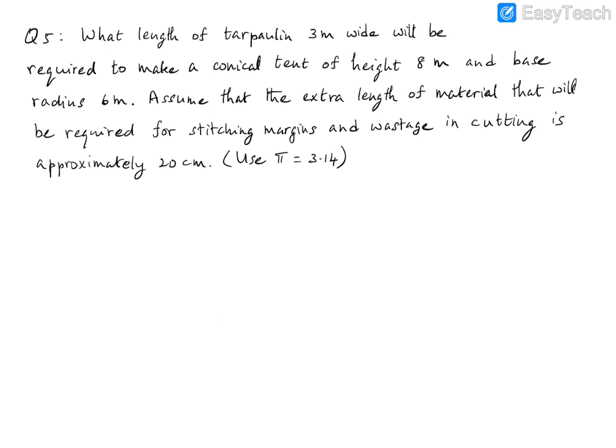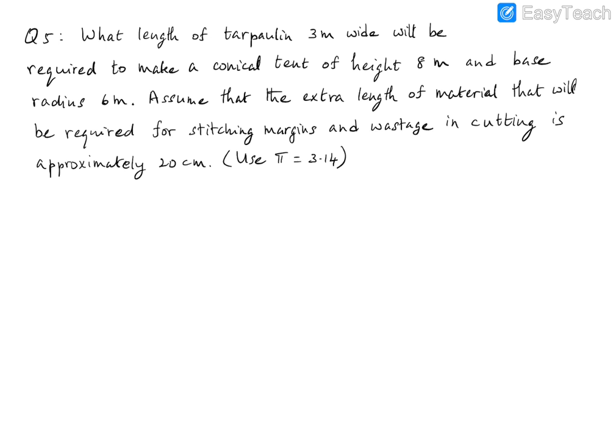So first of all, we are given the height of the tent, that is the height h. We are given the base radius 6 meters, which is r, and from that height and base radius we can calculate the slant height L. So let us first write down what is given and what needs to be calculated.